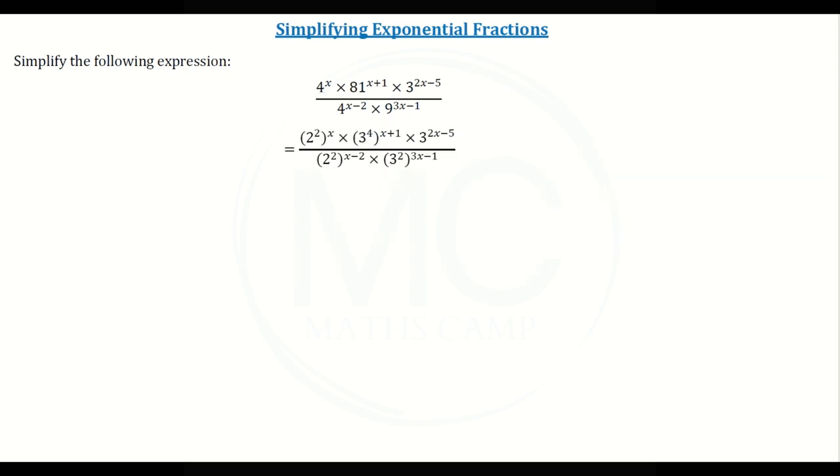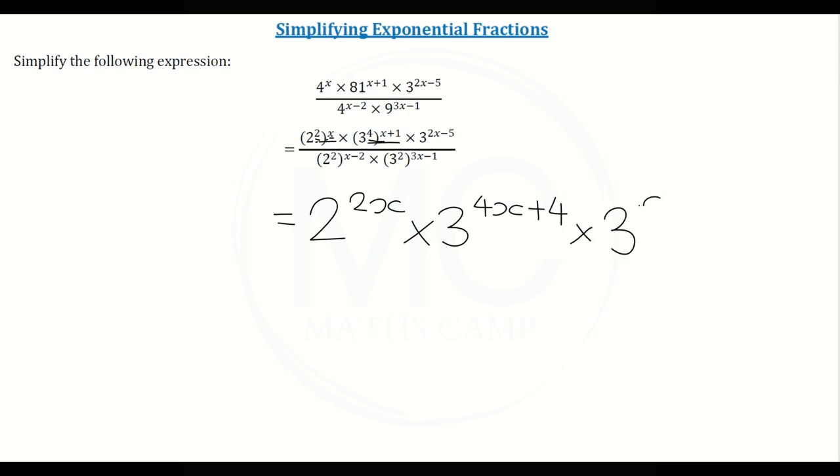Now I need to expand these brackets. So let's multiply the exponents inside the brackets by the exponents outside. I have a base of 2. 2 multiplied by x gives me 2x, multiplied by a base of 3. Now I have 4 multiplied by x, which is 4x. Then I have 4 multiplied by 1, gives me 4, multiplied by 3 with an exponent of 2x minus 5, all over.